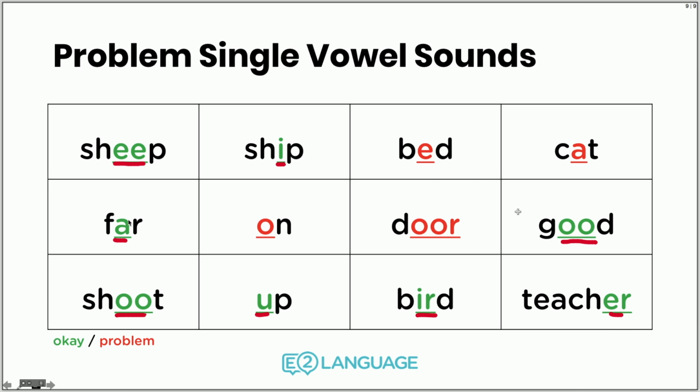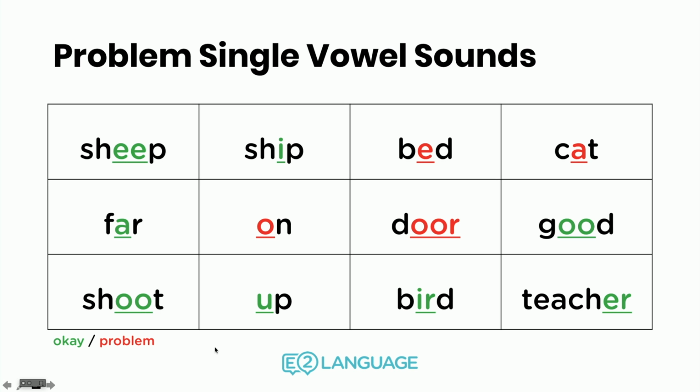You do, however, have problems pronouncing these ones like as in bed, a as in cat, o as in on, or as in door. Let's have a look at some of them in more detail.